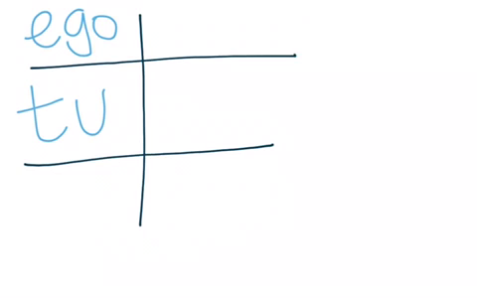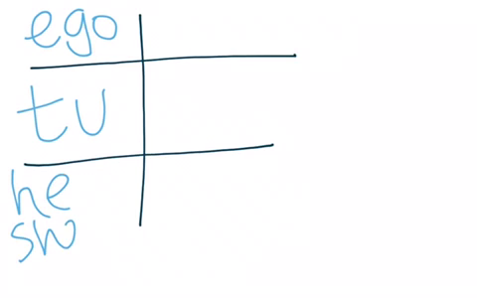Okay, here you have a full sentence. So you have been given the sentence and you have to think about your verb. Once again, when you see ego, it's in the first person singular spot. Tu, second person singular spot.